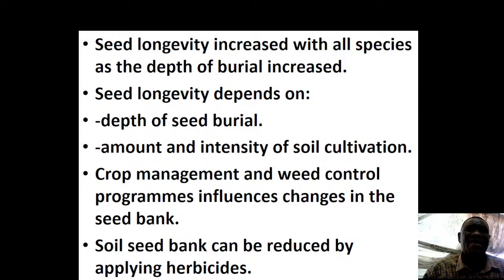Crop management and weed control programs can actually change or influence the weed seed bank size. Soil seed bank can be reduced by applying herbicides. Probably later on I will talk about how we can determine the weed seed bank size.